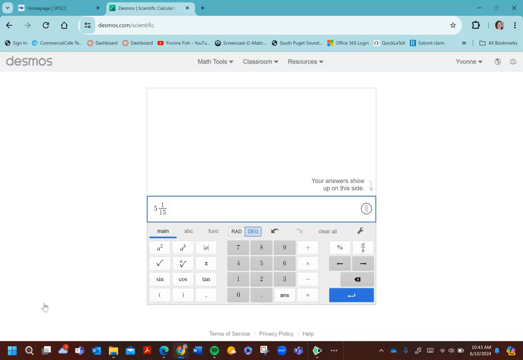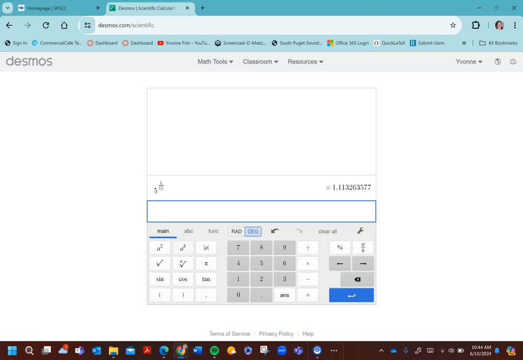I have to raise that up though, so I have to hit this A to the B key, and then I have to hit my fraction key. And I would have 5 to the 1/15th there for my B, and we had that A equals 200 over 5 to the 1/15th raised to the 20th.